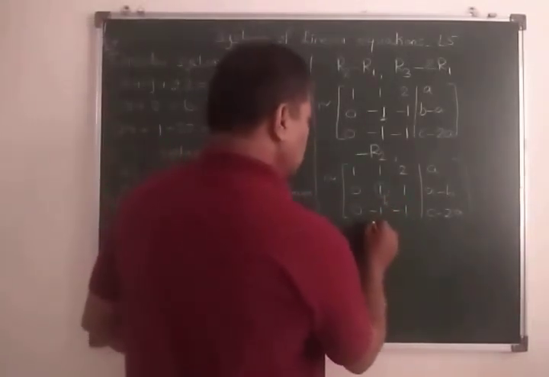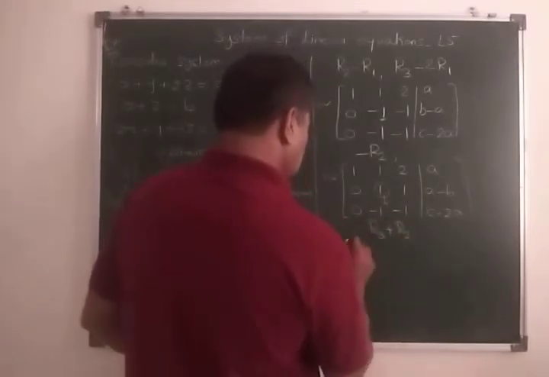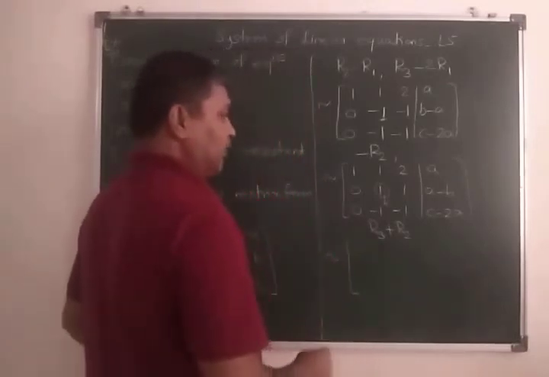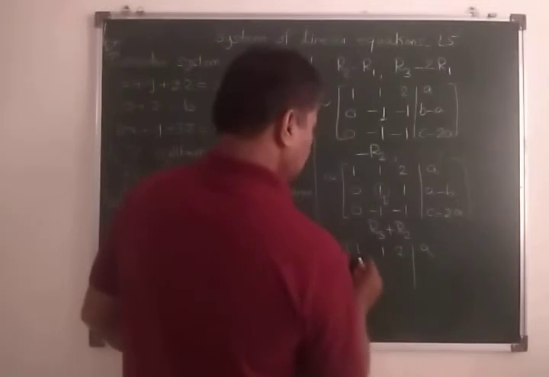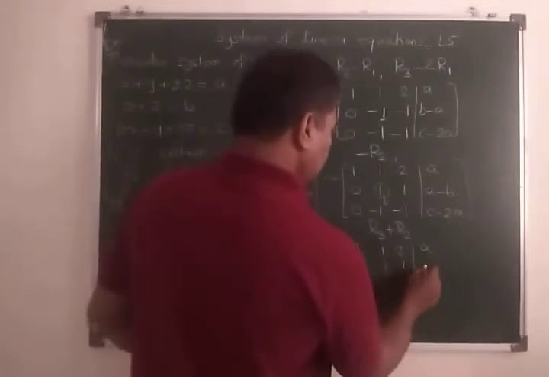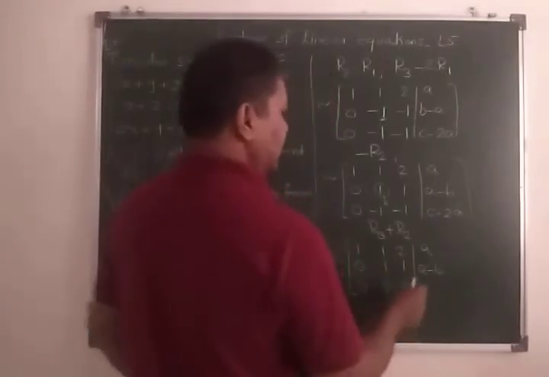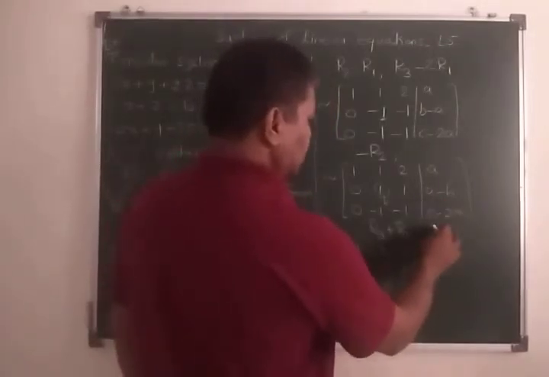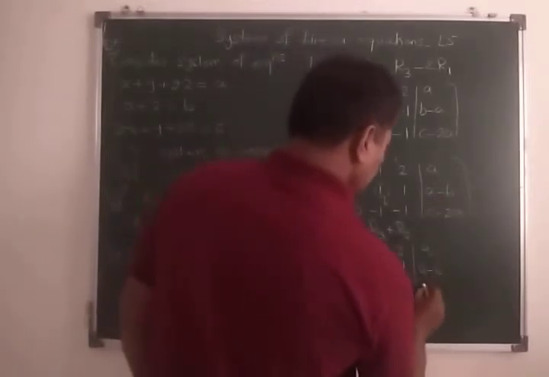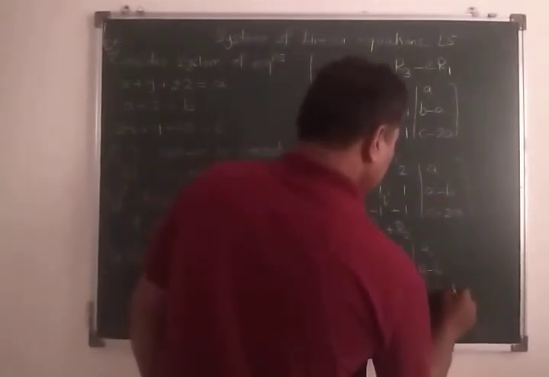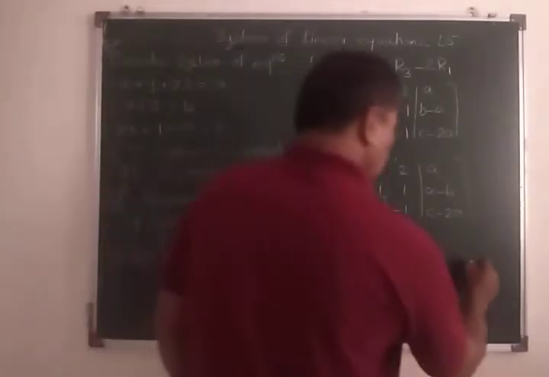So applying the operation R3 plus R2, this gives us the equivalent form 1 1 2 a, then 0 1 1 a minus b, 0 0 0, and then adding R2 here, c minus 2a plus a gives us c minus a minus b. So this is your row echelon form.